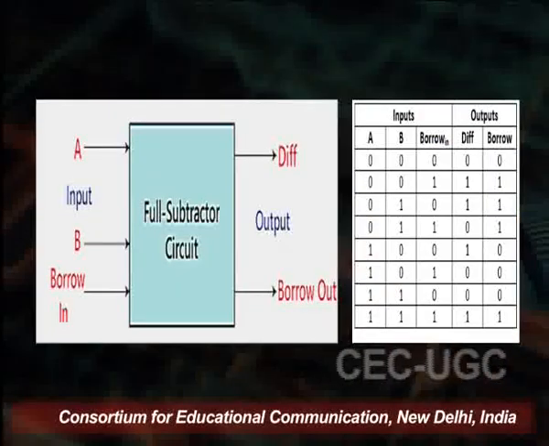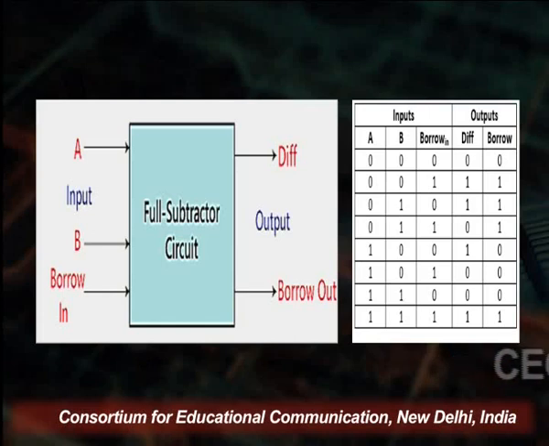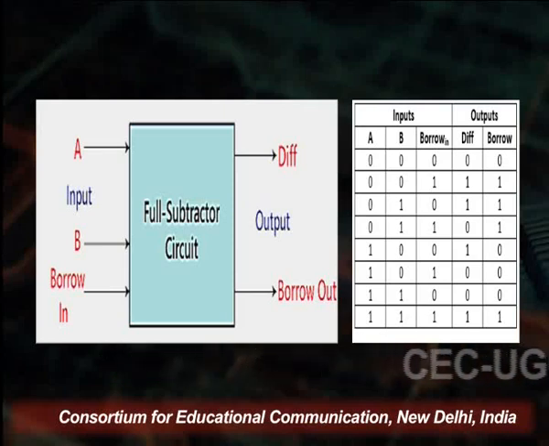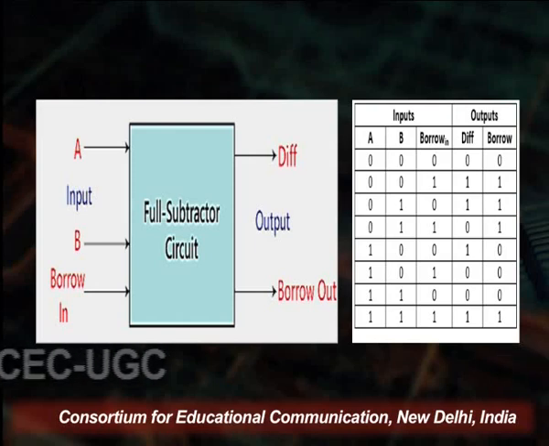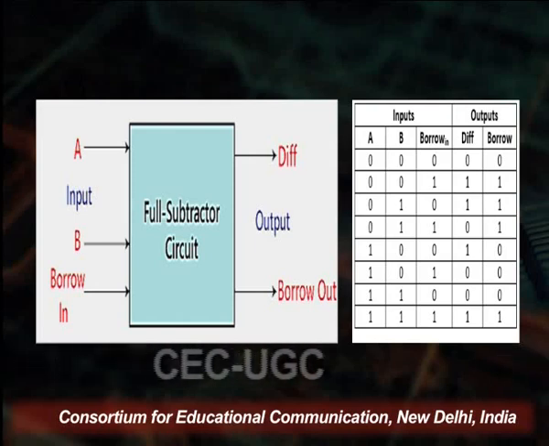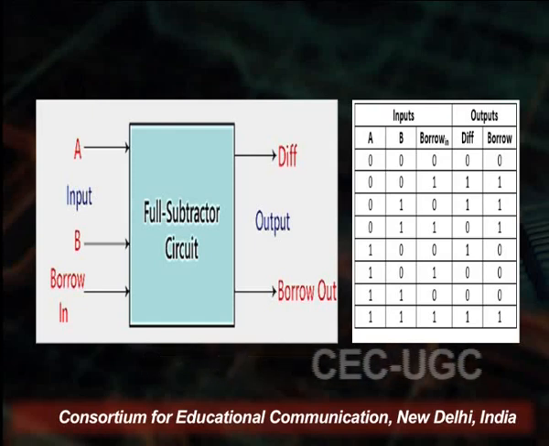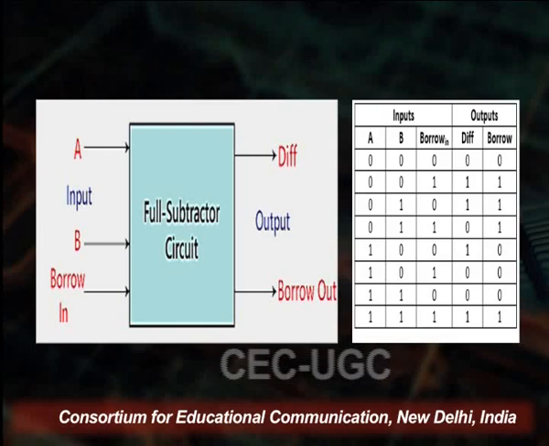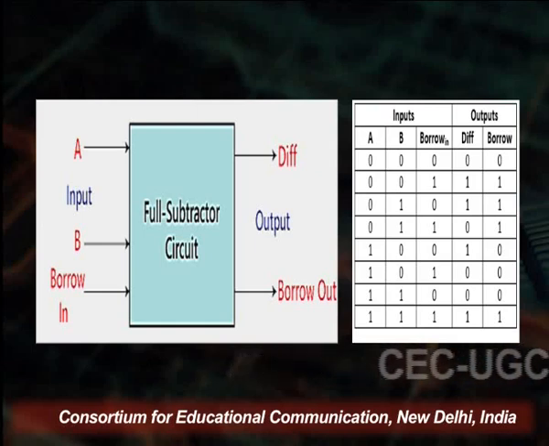Let's look at this full subtractor circuit now. 2 inputs A and B. Please compare this entire operation with a regular arithmetic subtraction operation. Sometimes we have to borrow the number from the next digit to be able to subtract this. So similarly, the third input that is going in here is the borrow in. This is in the case when we have to borrow from a previous digit to be able to subtract the number here.